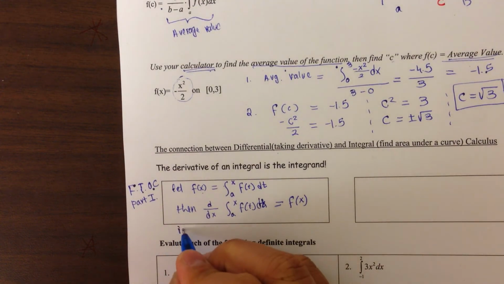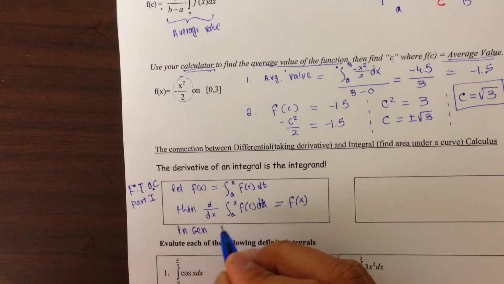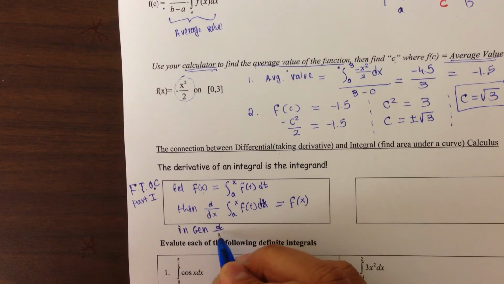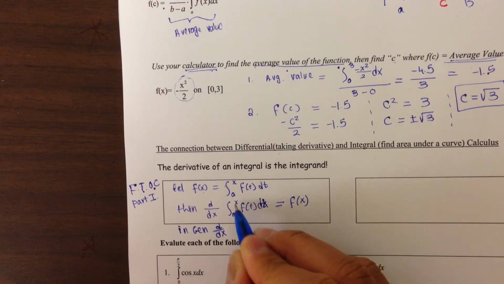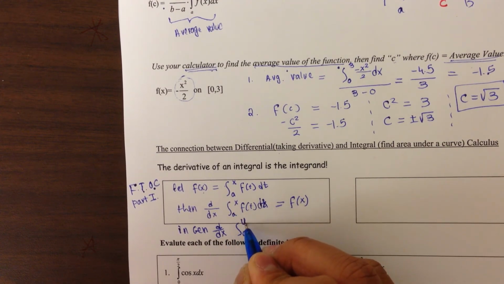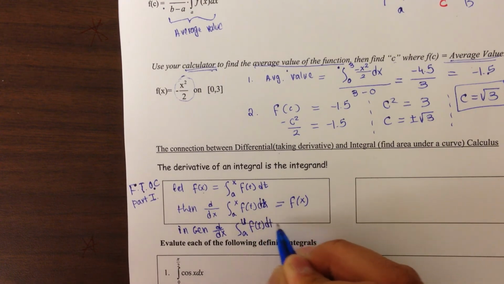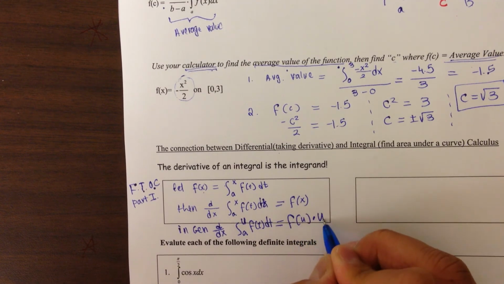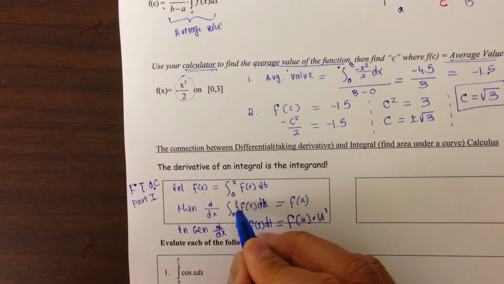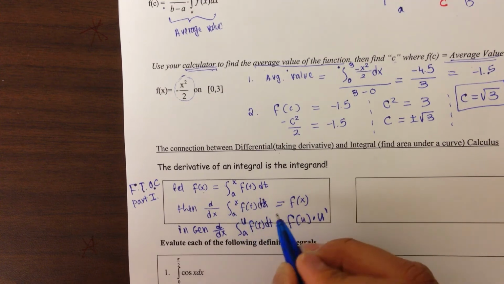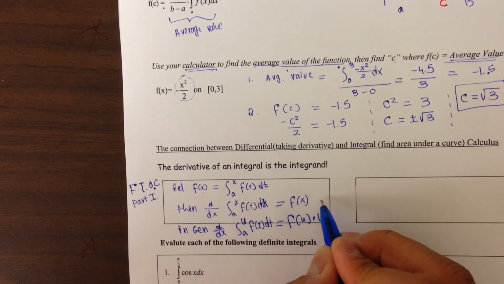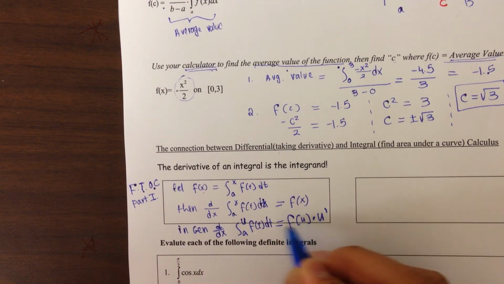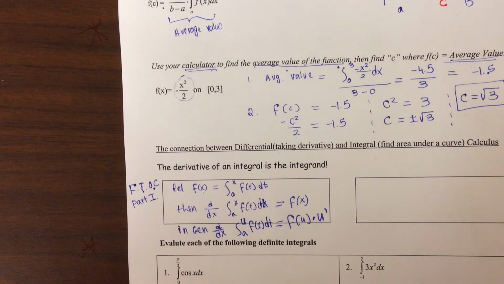And in general, d with respect to dx, say if this was not x but u, and u is a function of x, f of t dt, then that would be equal to f of u times u prime. If this was, for example, 2x, then this would have been f of 2x times 2. So that's why I use the letter u times u prime.